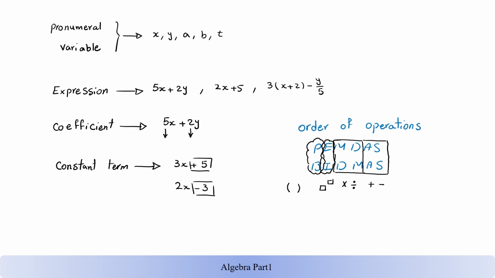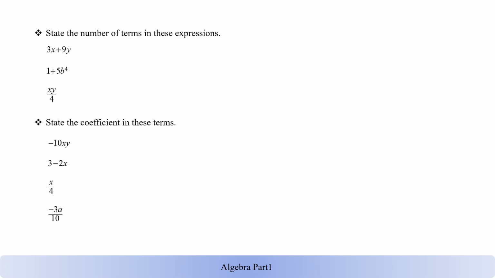Now let's take a look at the examples of the first part. State the number of terms in these expressions. As I told you, this one is one term, this one is another term. So how many terms? We have two here. In this case, one is a constant term, so this is one term, and 5b to the power of 4 is another term, so two terms again.